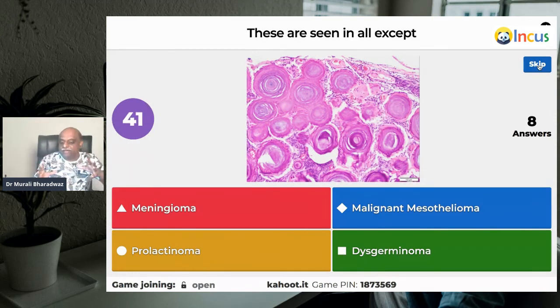It is seen in all these conditions except, first of all, what you are seeing in the histological picture, you have to be sure. Then you should know the list of conditions which are associated. You have to be sure. Punch, punch, punch.